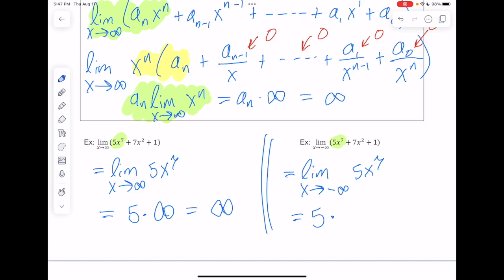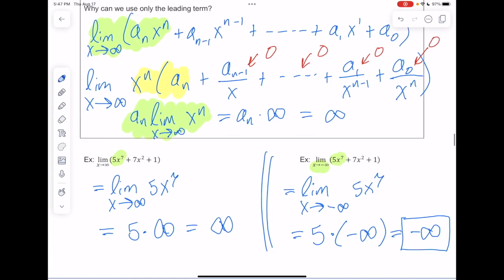X to the 7th, that's an odd power going towards negative infinity. And when you have an odd power going towards negative infinity, you get negative infinity, and 5 times negative infinity is negative infinity.